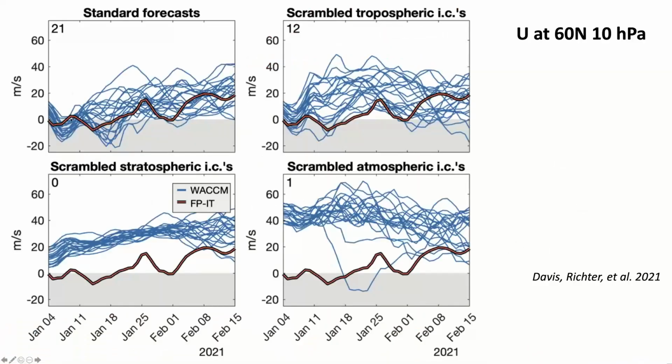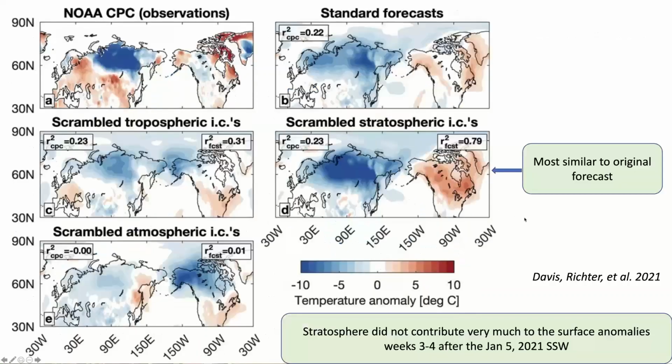In our standard forecast, we get a sudden warming. With the scrambled stratosphere and scrambled tropospheric initial conditions, half of our ensemble members had a warming. And the last two forecasts, the scrambled stratosphere and the scrambled atmosphere, had no resemblance in the stratosphere to what happened in real life. And this is what these forecasts for week 3-4 look like.